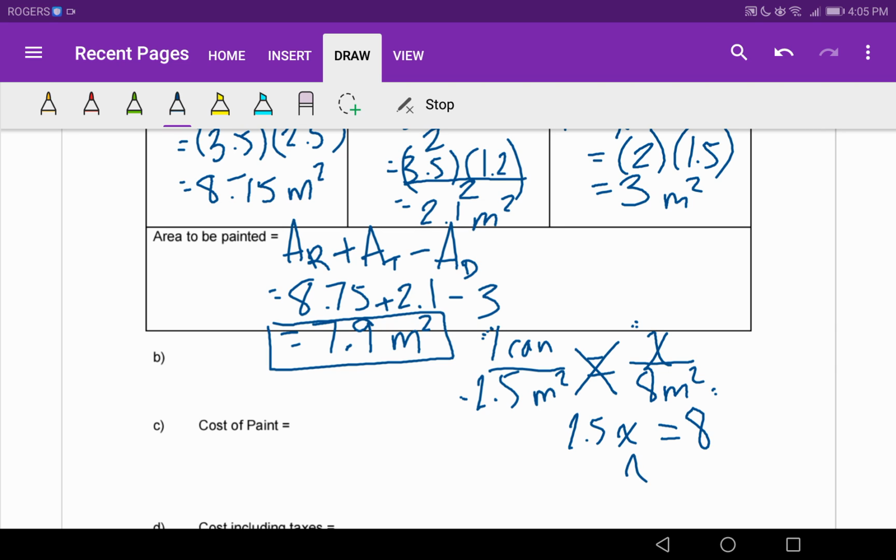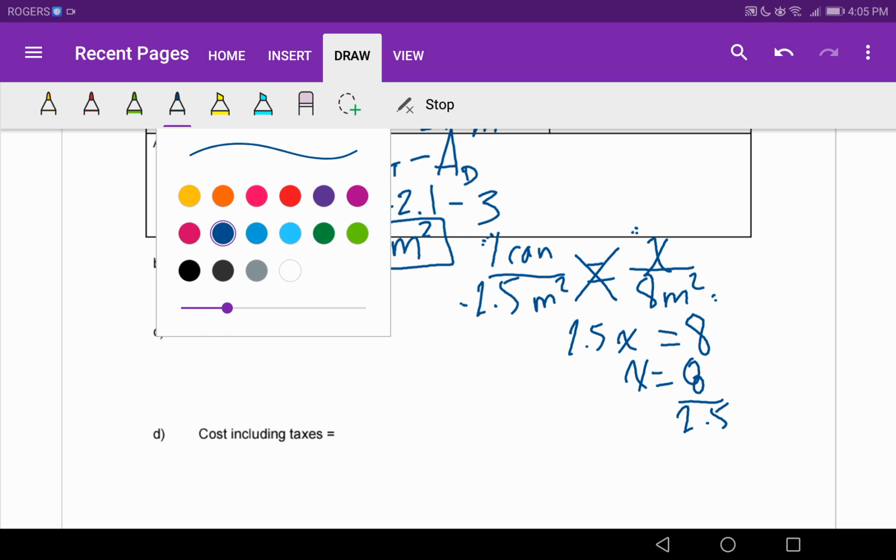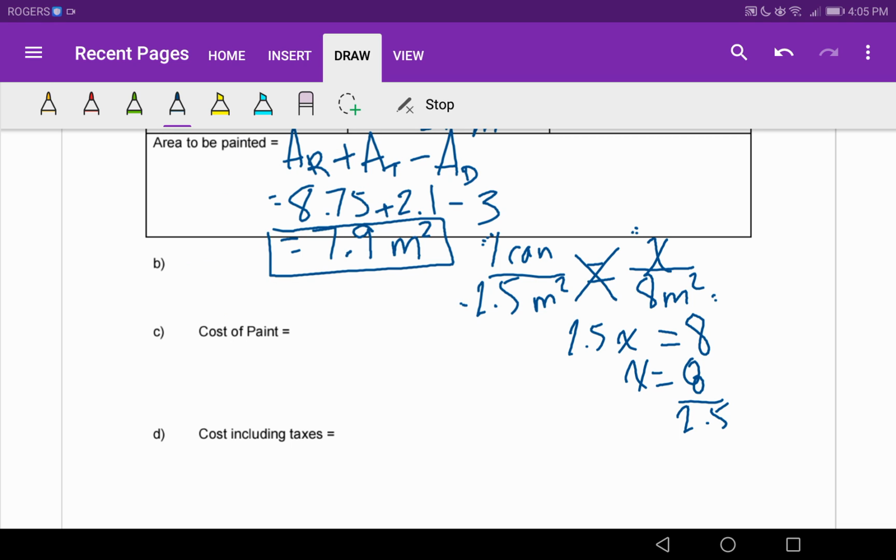So x equals 8 divided by 2.5. Final answer, okay, is approximately, okay, so it's about 3.2 cans, which means how many do you need to buy?